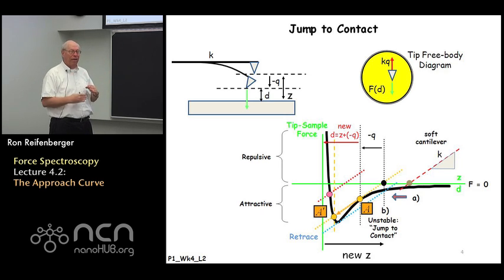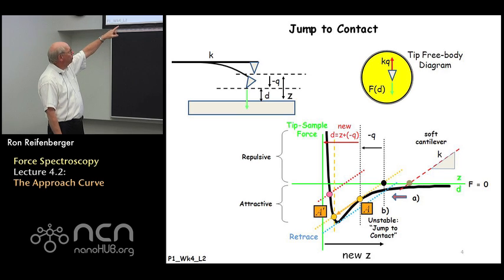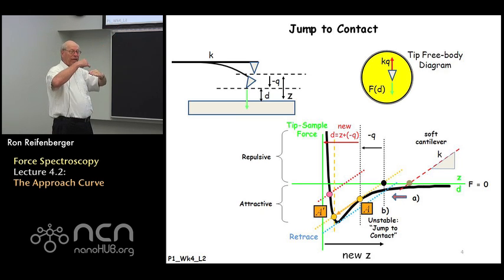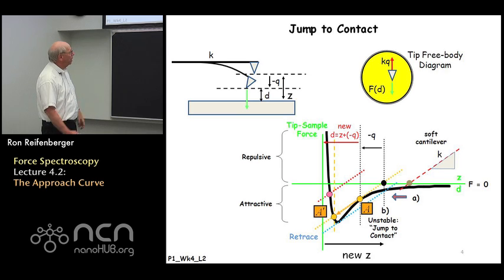You can load the cantilever so the force that you actually apply to the sample increases, because now you're loading the cantilever against the sample, right? You move up to some spot that's indicated schematically by this red dot. At that point, you stop approaching the substrate to the tip, and you start to retract it.